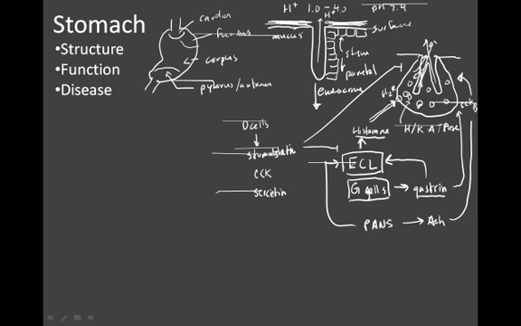This complex set of regulation is what's really important in both disease and in drugs. For example, when you have too many cells secreting gastrin, you can create a symptom.